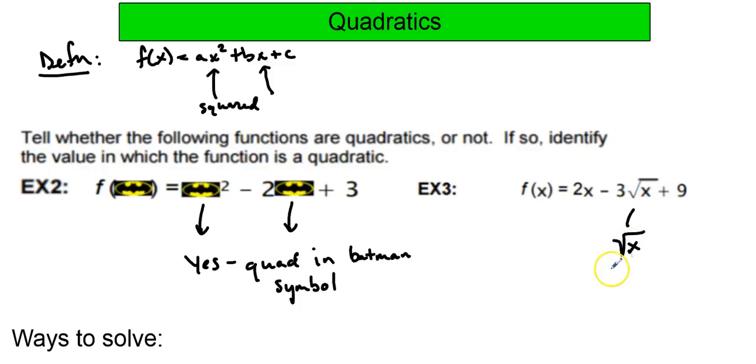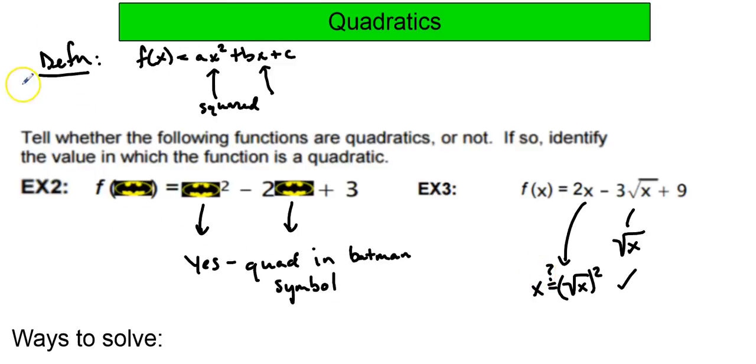In order for this to be a quadratic, we look at this term right here. Is x equal to square root of x squared? In this case, we know that square root of x squared is equal to x. So this would also be a quadratic.